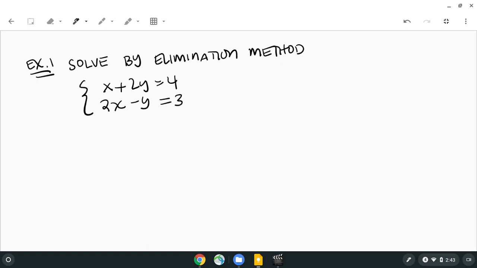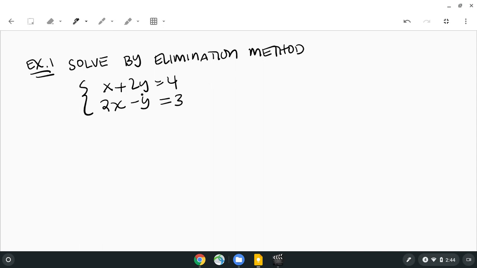So you can choose to eliminate the x's or you can choose to eliminate the y's. It doesn't matter. Like I said, everyone will get the same answer at the end. How do you choose? That's really up to you. Eliminating one might be slightly easier than the other, depending on the coefficients that you have, but they're both probably not much more difficult if you choose one or the other.